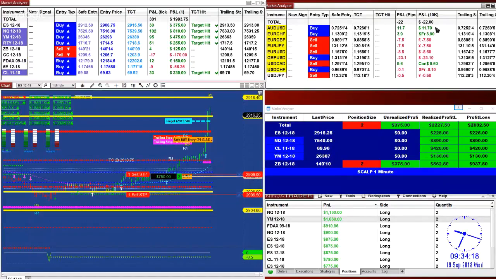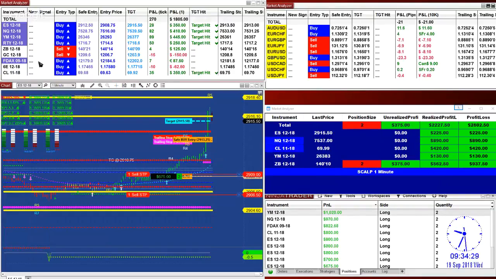We are running three different automated trading systems. If we look at the market analyzer on the left corner here, you will have signals in the first column. I'm not the one who calls in those signals. The signals come automatically with three different automated options: auto trade, ATM strategy, and a fully automated auto trade.